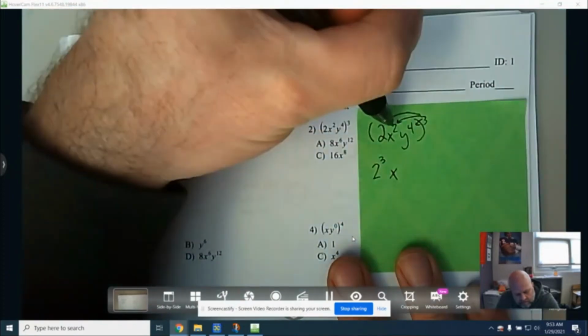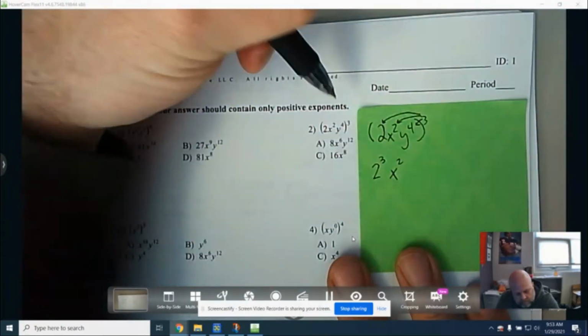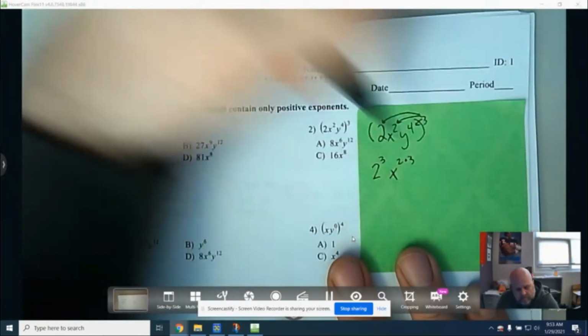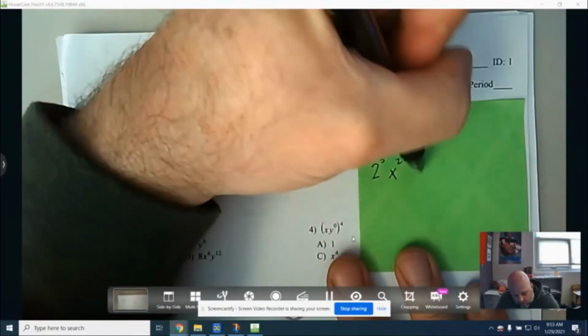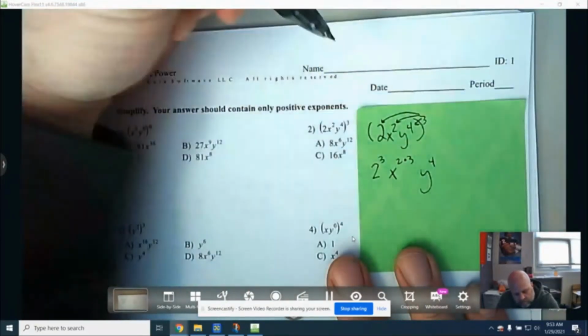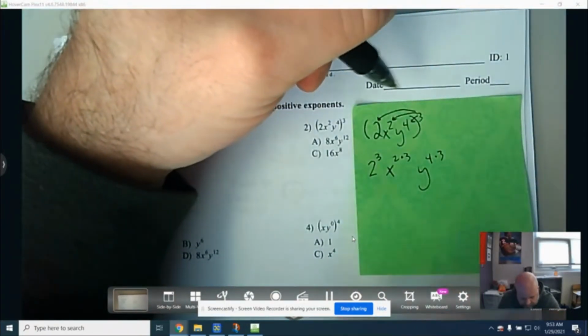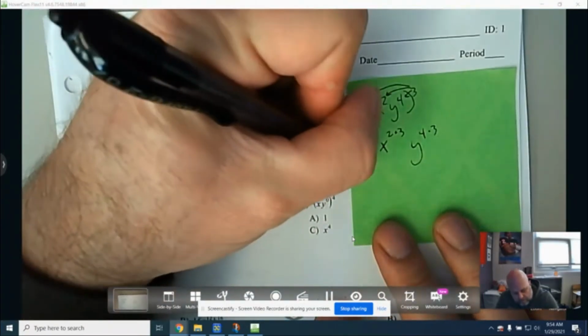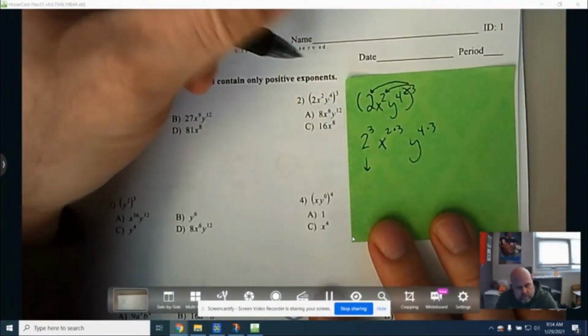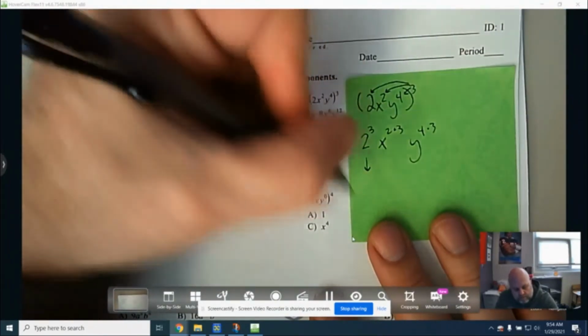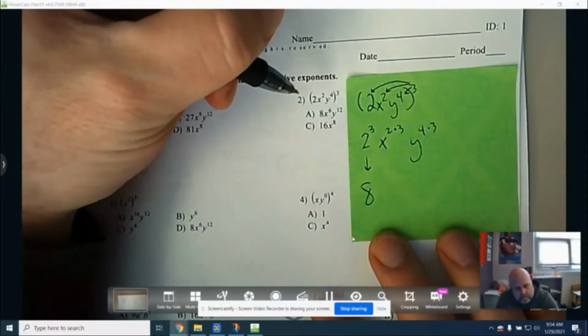And then we have the x, and the x was squared, and now it's going to be multiplied by 3. You had the y, and that was to the 4th power, and that's now going to be multiplied by 3. Okay, so when we simplify, we do know what 2 to the 3rd power is. 2 times 2 times 2 gives you 8.